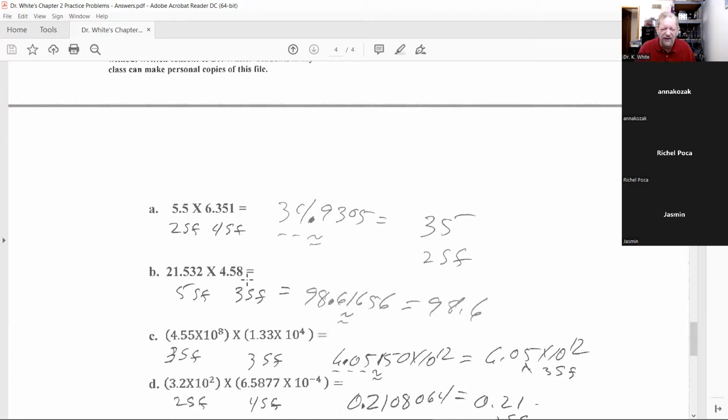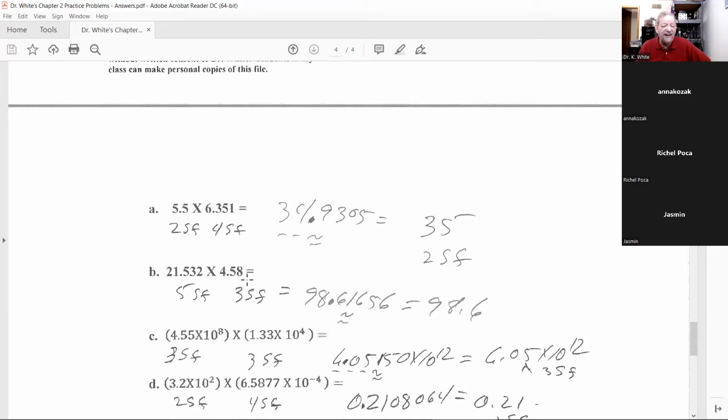When you're multiplying or dividing, you get the same number of significant figures in your answer as the number that has the fewest significant figures. And now when you do that, your calculator gives you a lot more significant figures than the correct answer.